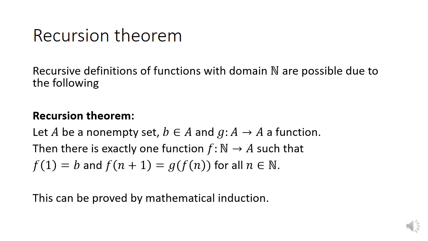However, it is not usually proved in calculus courses, so we will not prove it here either. The recursion theorem guarantees that we can define a function from N to a set A by saying what f of 1 is and how we can obtain f of n plus 1 from f of n.